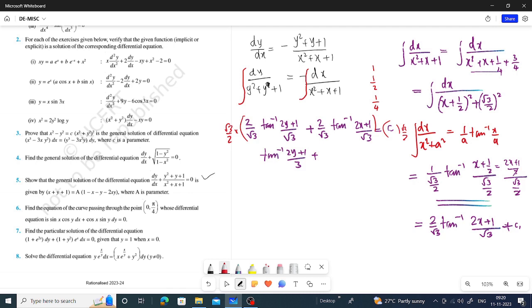So tan inverse 2y plus 1 by root 3 plus this 2 by root 3 also disappeared, 2x plus 1 by root 3 equal to c into root 3 by 2. Okay, c into root 3 by 2.